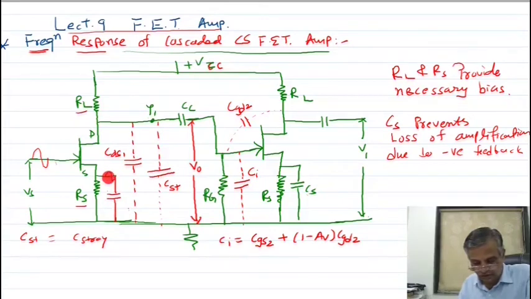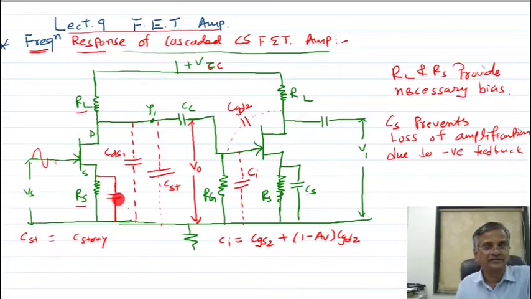If this is not developed, there is no decrease in input voltage, and you will not get the loss in gain. In this way, this prevents loss of amplification due to negative feedback.